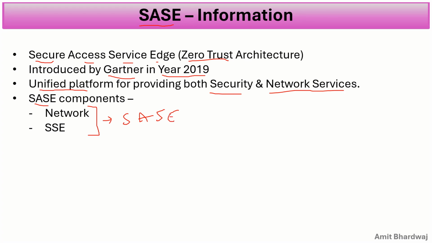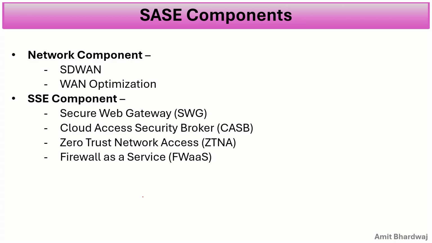So let's move to the next slide and understand the key components of the network and the SSE parts of SASE. As discussed earlier, SASE is divided into two components: the network part and the SSE. The network component includes SD-WAN and WAN optimization.